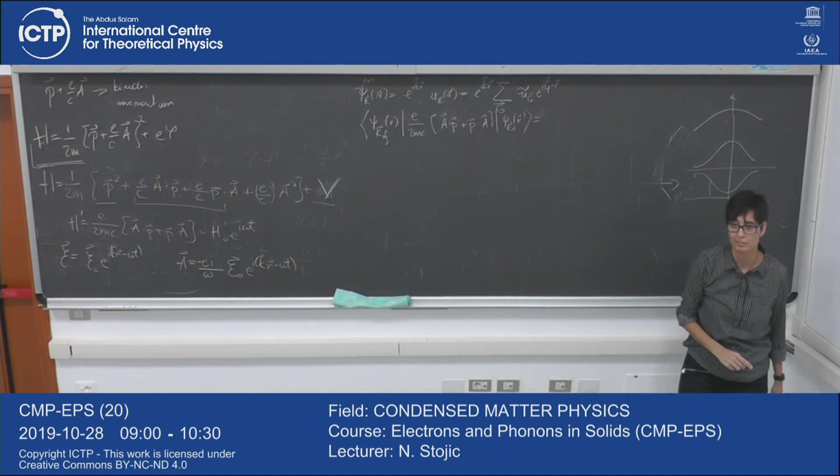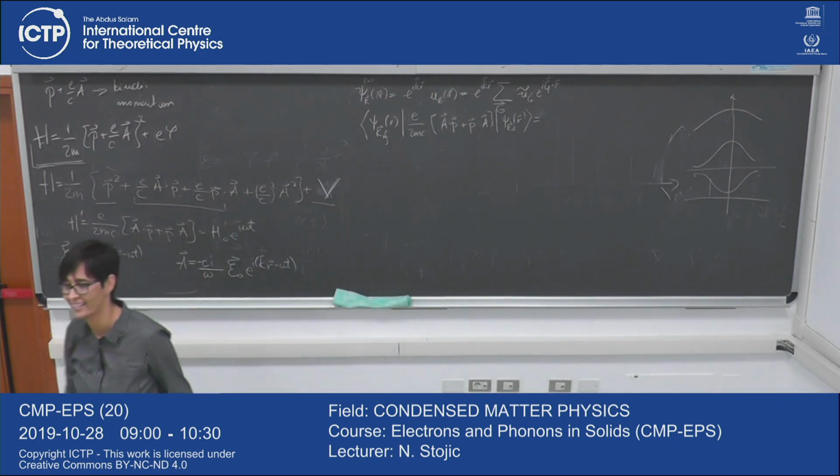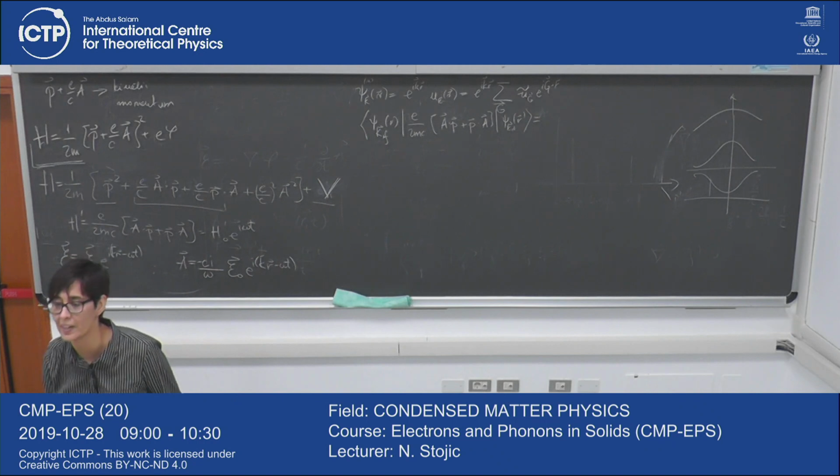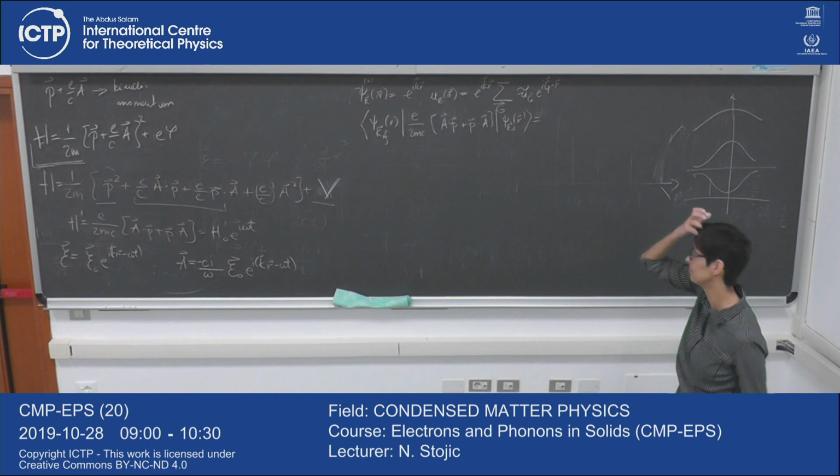And to tell you right away, I won't really find the matrix element completely. It's too much work. I'll just find the condition when it's non-zero. I think it's enough.